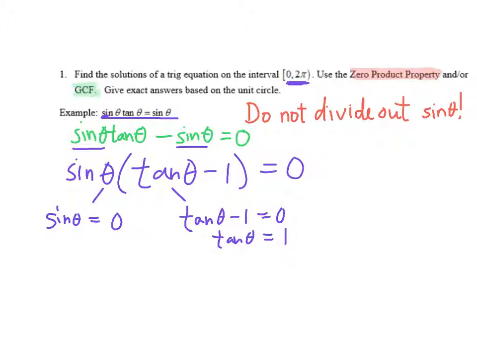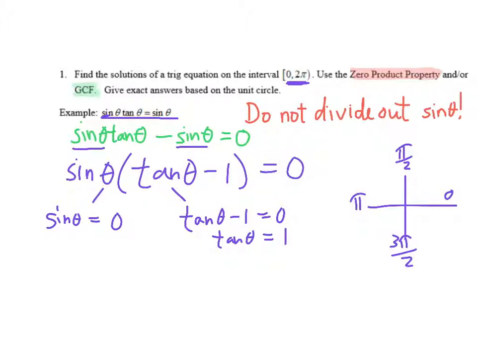Now most of your handout, most of your problems are going to be 0 to 2 pi. So what we're going to do is find all the answers in your unit circle. I'll just draw it over here just for the first one. We have our 4 quadrants, and because we have a quadrantal angle here, I often like to at least draw the crosshairs and see if we can remember where sine is 0.